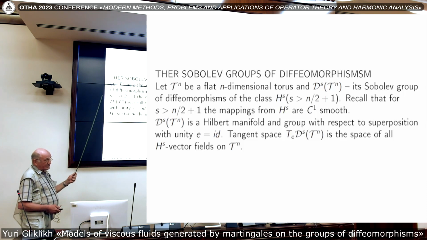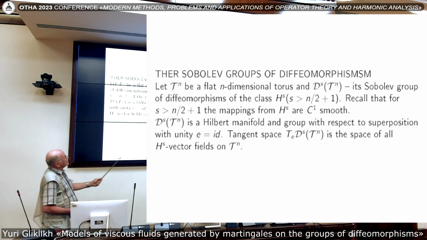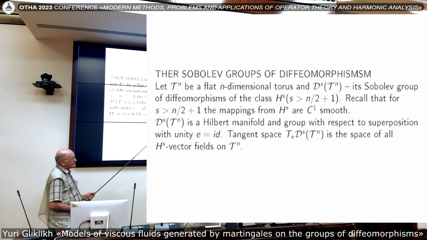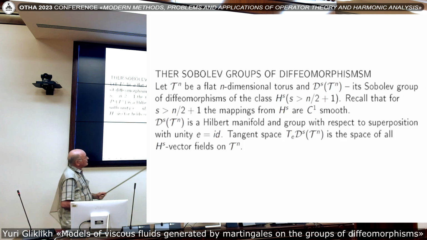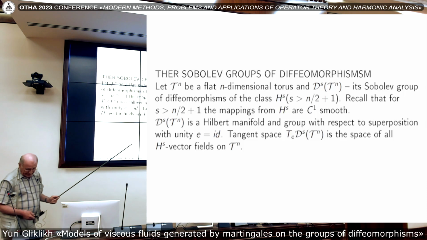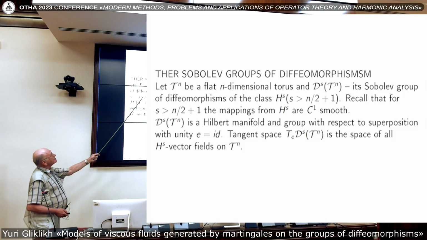It's a Hilbert manifold, and the unit is the identity, and the tangent space at the unit is the space of all H^s vector fields on this torus. Below, we shall consider the case where s is greater than n/2 plus 2.